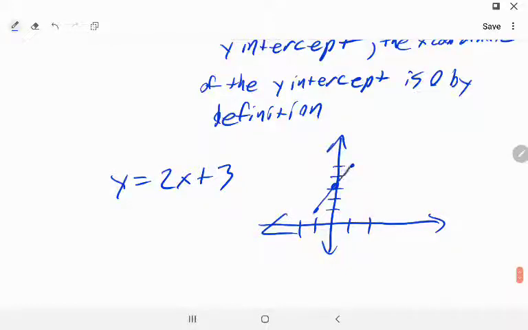The idea is we can think of the slope as either being 2 divided by 1 or negative 2 divided by negative 1. So we think of the rise over run as being positive 2, positive 1, or negative 2, negative 1. So up 2 over 1 or down 2, back 1.